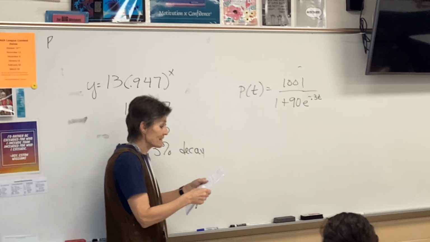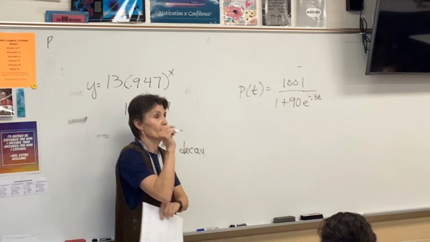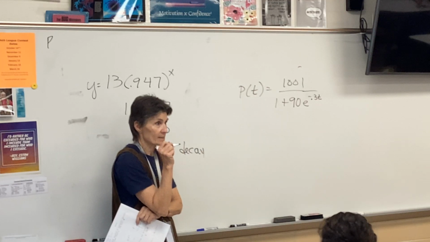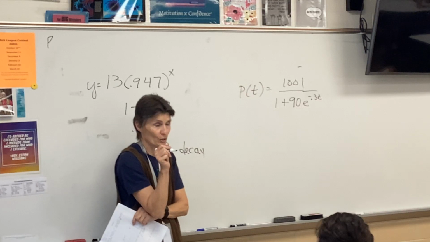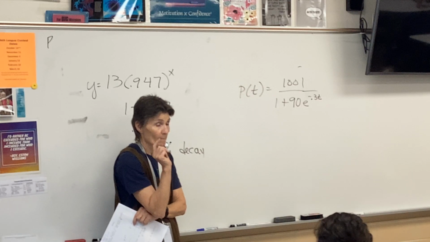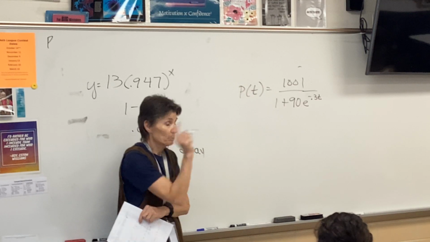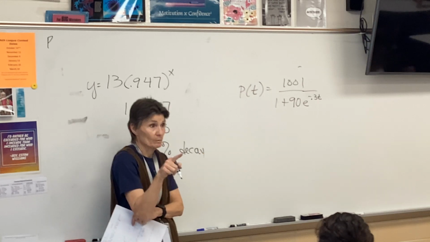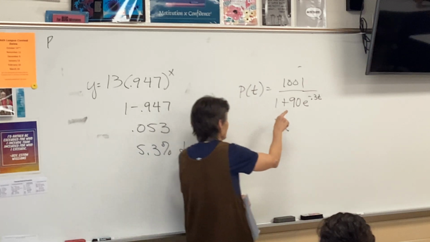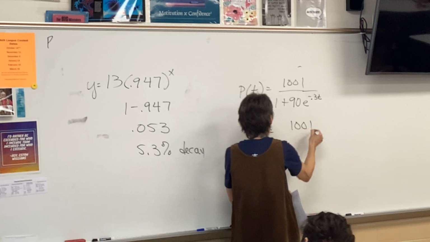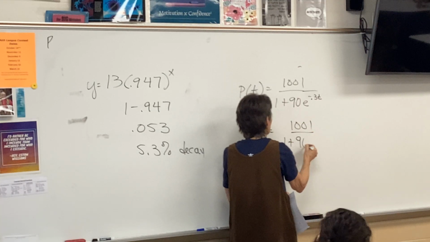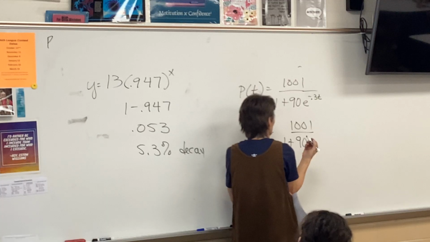All right, what is the initial population of athletes? How do we find the initial value? Plug in 0. So when I plug in 0, that is how you always find the initial value of any equation anywhere. We plug in 0.